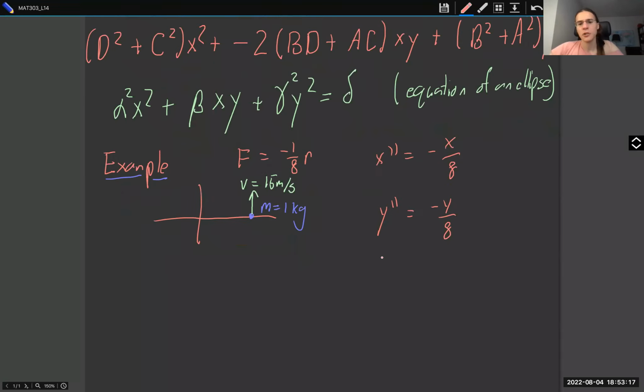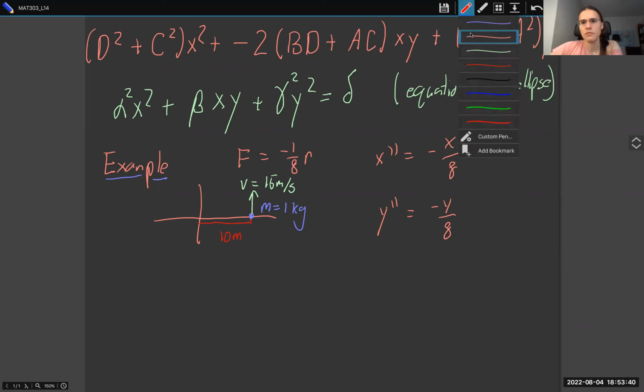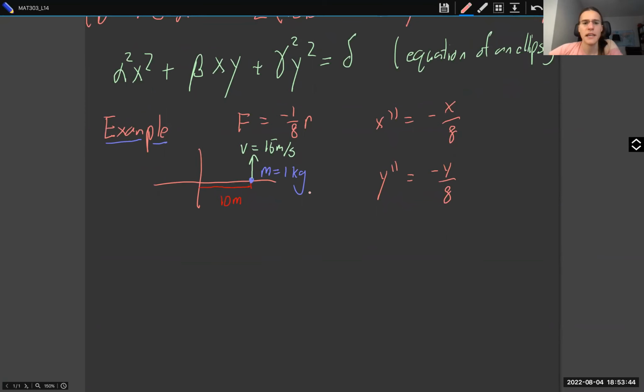And we have the initial conditions that I should also give, this distance. Let's say that this distance is 10 meters. 10 meters is a pretty big distance. This is sort of a very big spring.